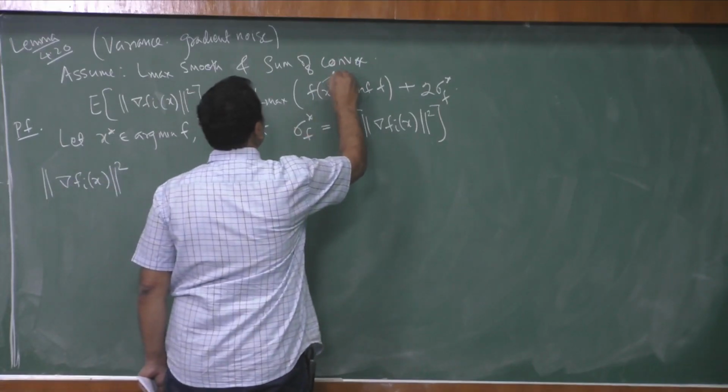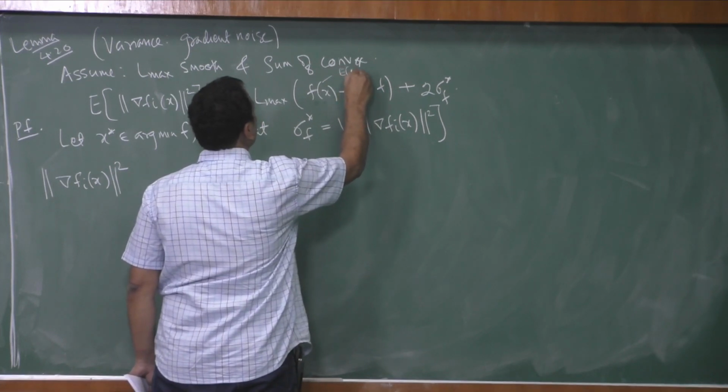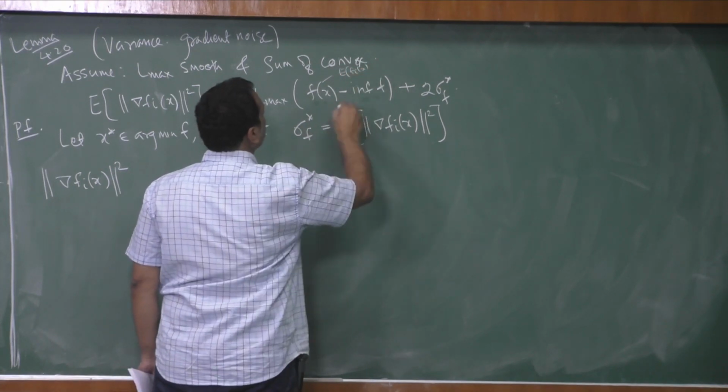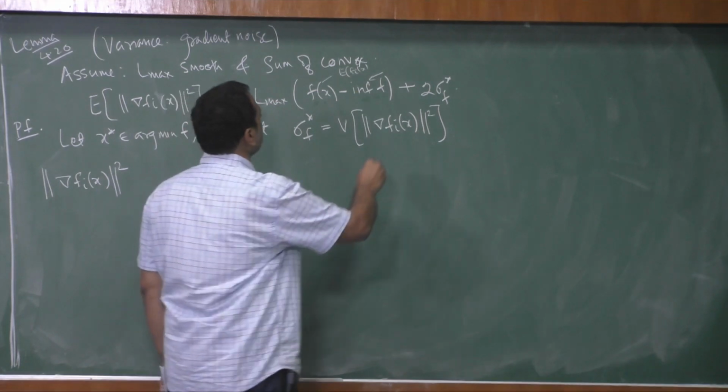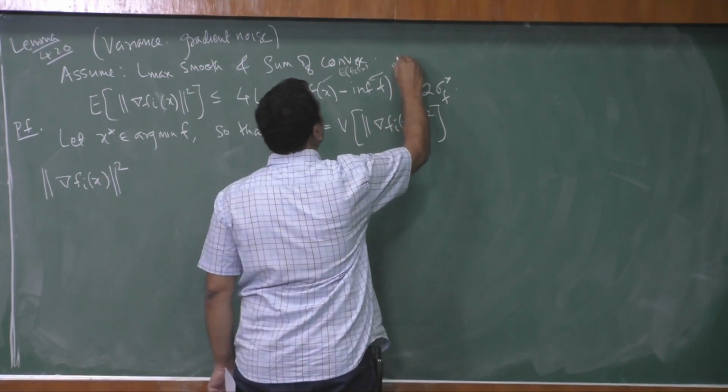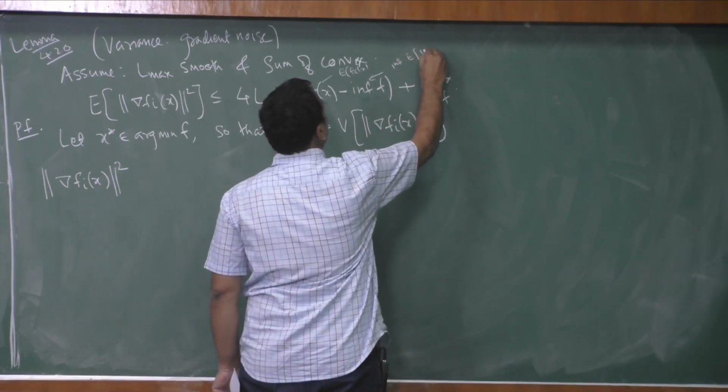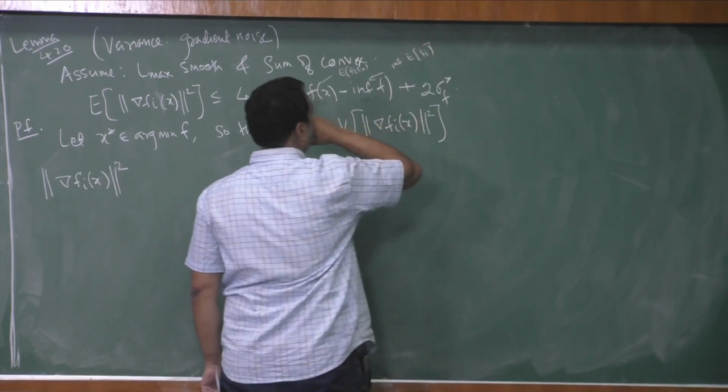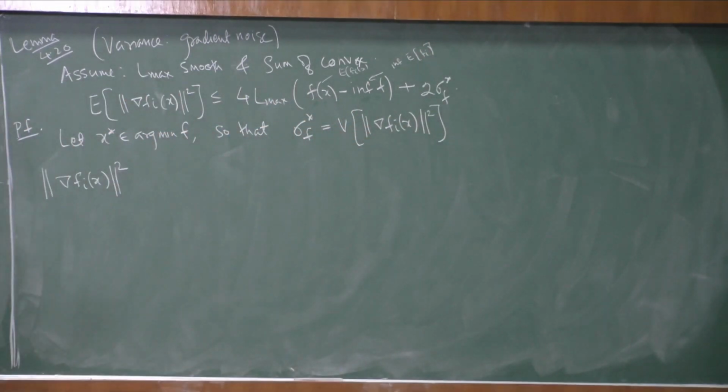So f(x) is seen as the expectation of fi(x). Similarly, this term I can plug the expectation inside. That's how I do the reverse engineering while proving. And then sigma star f is already defined for us.